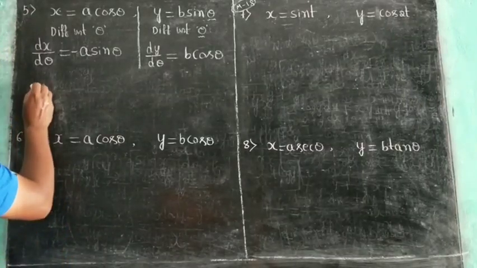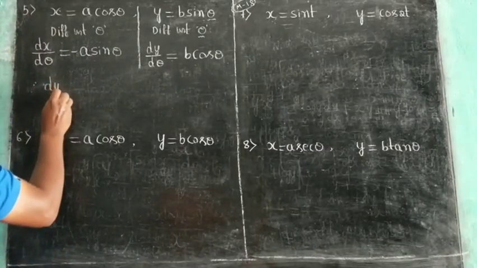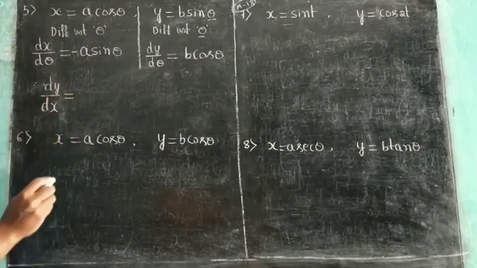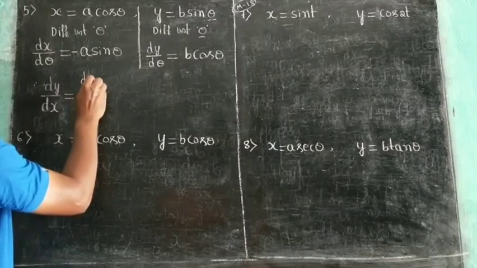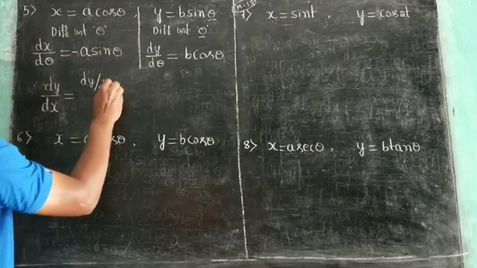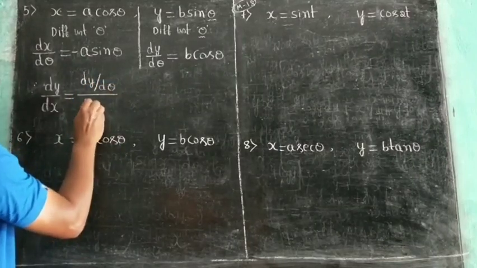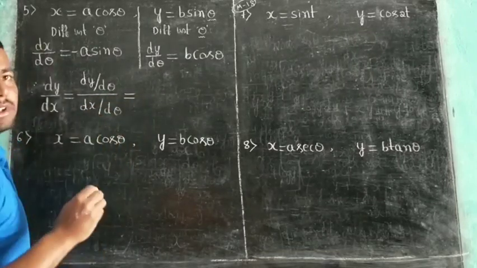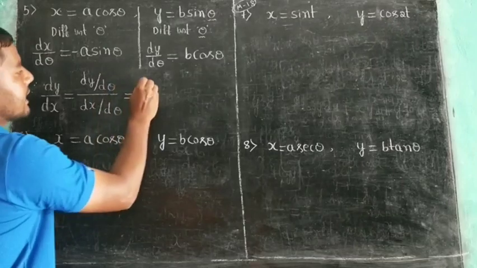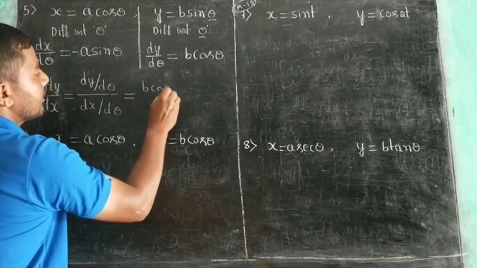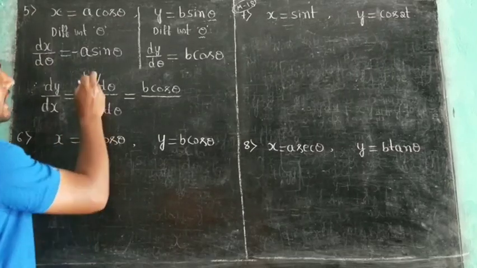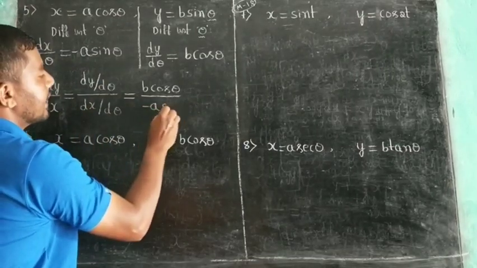The formula is dy divided by dx is equal to dy divided by d theta whole divided by dx divided by d theta, is equal to, dy by d theta is nothing but b cos theta whole divided by dx by d theta is nothing but minus a sin theta.